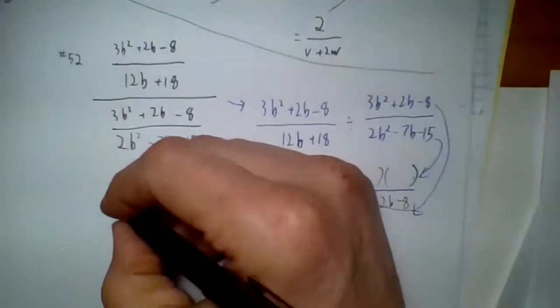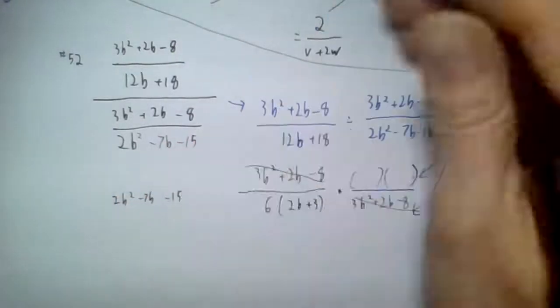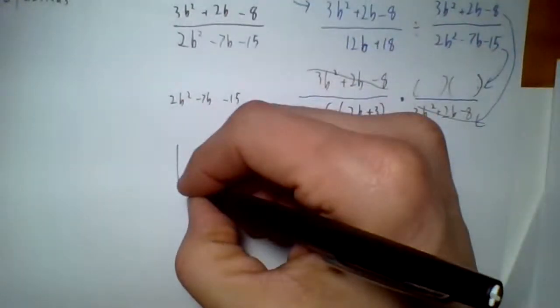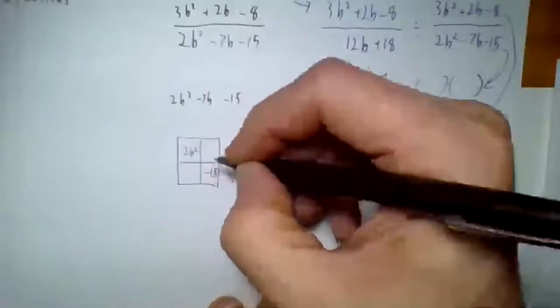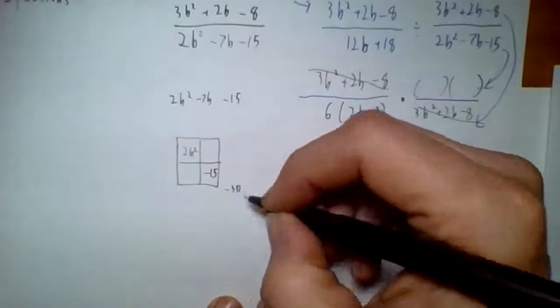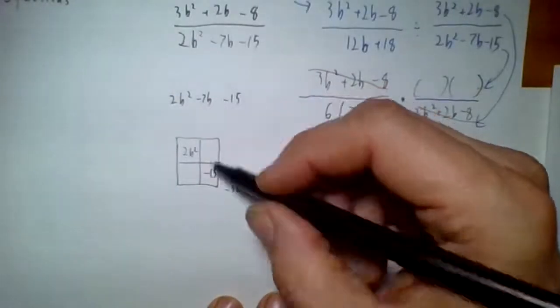This thing, I'm going to go off to the side and do factoring work on this. You could do grouping. This is grouping, I just arrange it differently. The product is -30, and we've got to think this through: things that multiply to -30 and add up to -7.